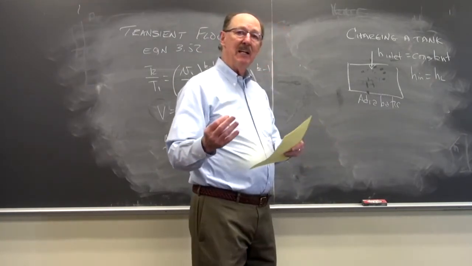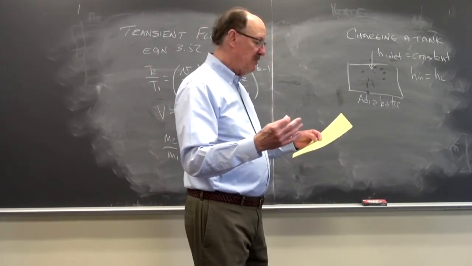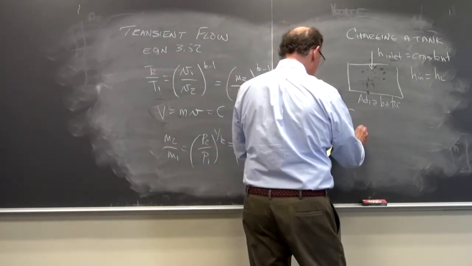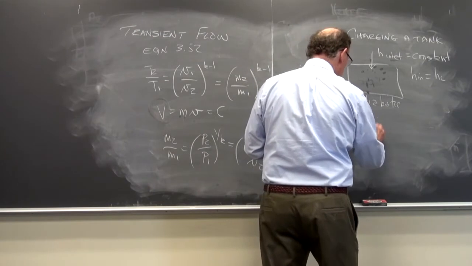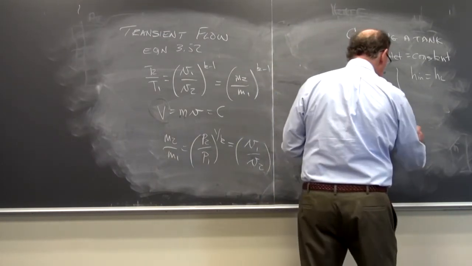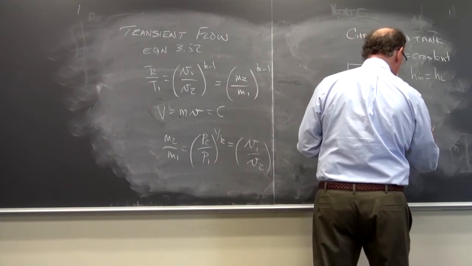If I look at the first law equation, equation 3.52, and I now simplify it, we have the integral of H dm in is equal to the change of the internal energy of the control volume.